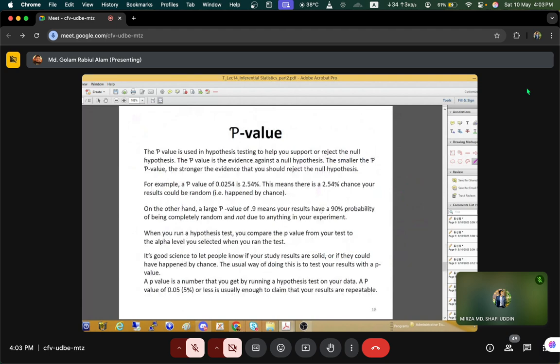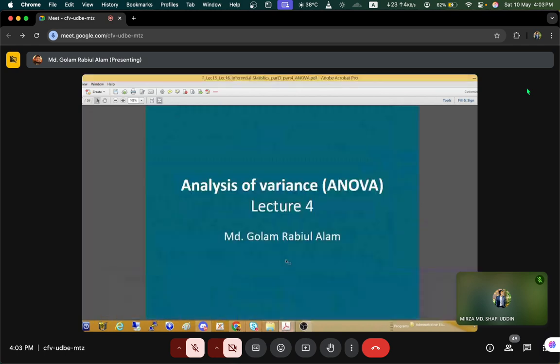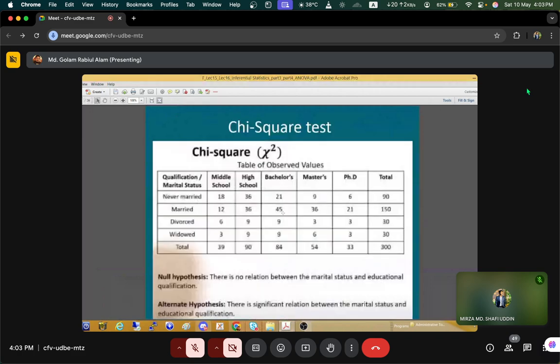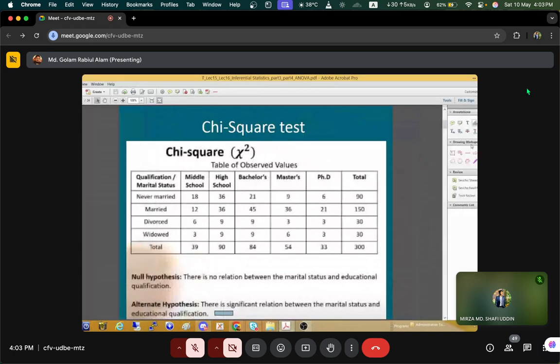Next, there is another chi-square example. Another hypothesis we can test: someone mentioned that there is a significant relation between marital status and educational qualification.